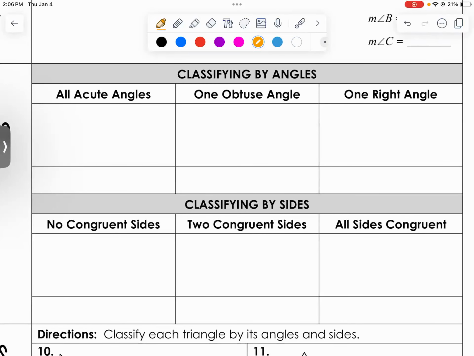Okay, what's an acute angle? A small one. An angle under 90 degrees. An angle less than 90 degrees. So if we have all acute angles, so every single measure is less than 90 degrees, then it is called an acute triangle.